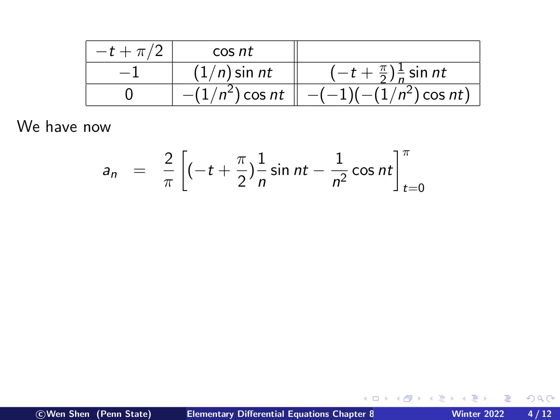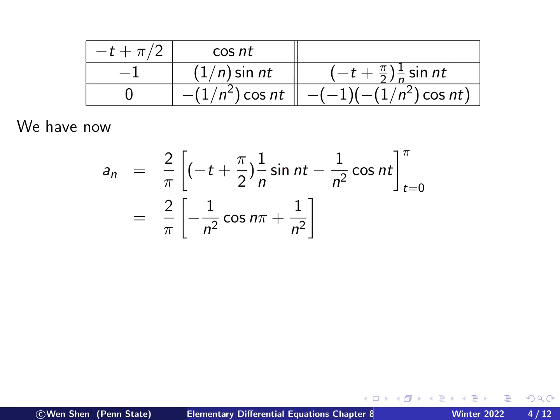Now we can write out the integration. So the integral would be collecting these two terms, which we write over here, and then there is also the coefficient 2 over pi, and this is evaluated for t equal to 0 to pi. Now for the first term, we will have sine 0, which is 0, and then we'll have sine n pi, which is also 0.